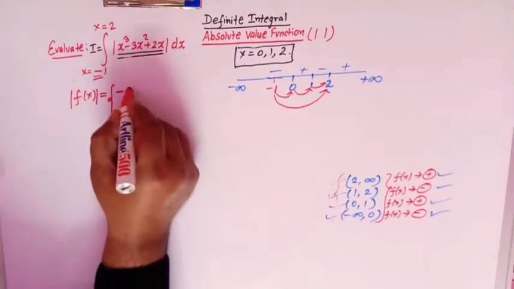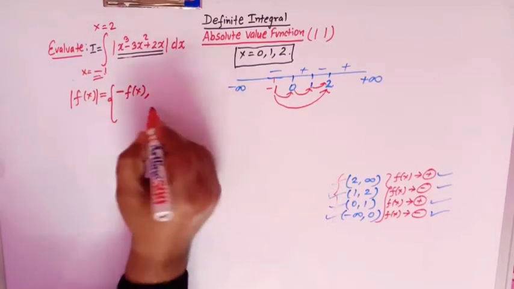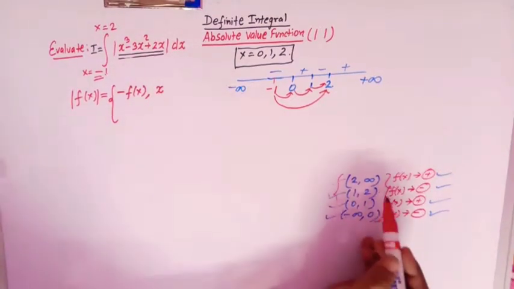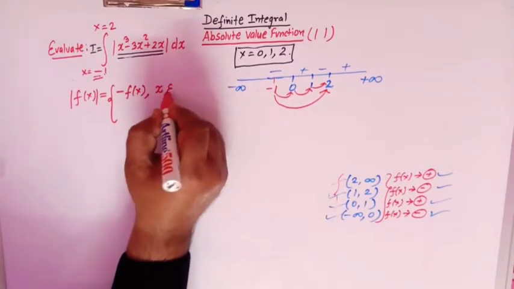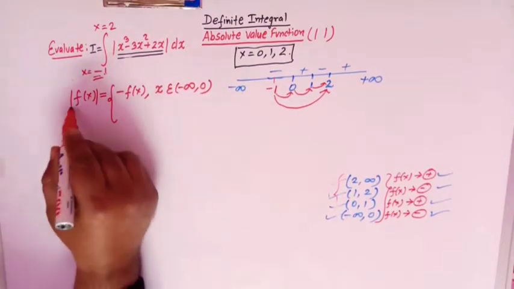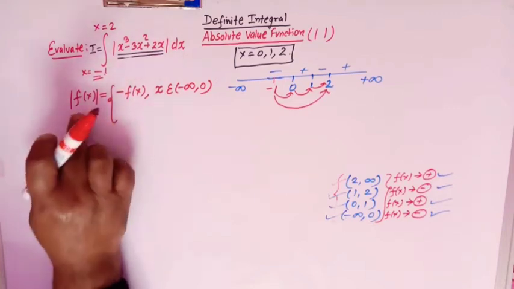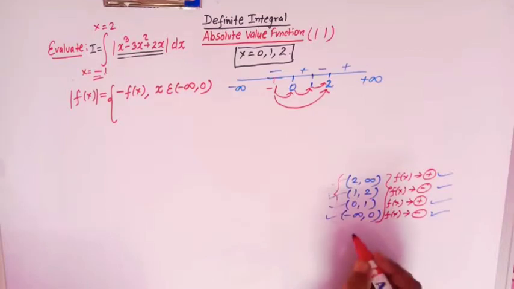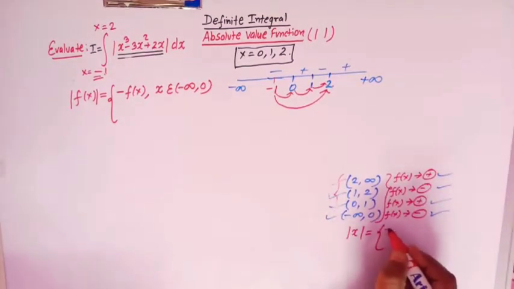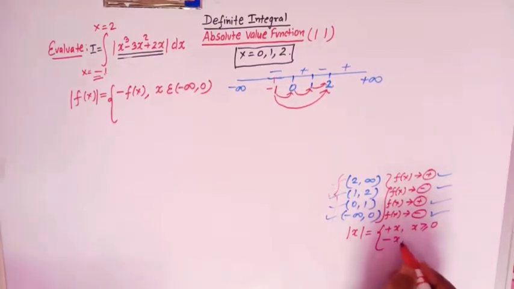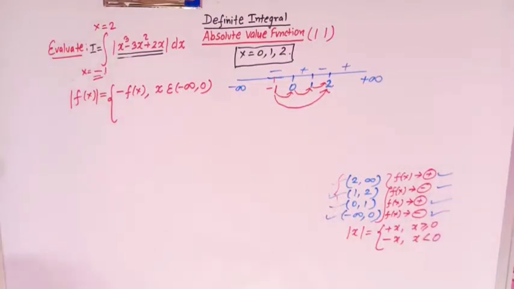Now mod of f of x is equal to negative of f of x whenever x belongs to minus infinity to 0, right? So now here we are writing this using the definition of the absolute value function, which says that mod of x is equal to plus x whenever x is greater than or equal to 0, and minus x whenever x is less than 0, right?